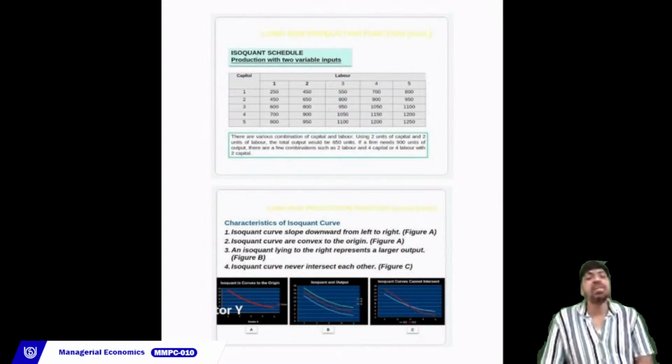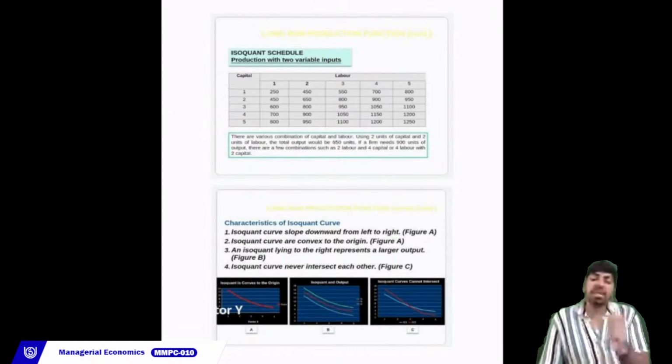The next one is that isoquant curves are convex to the origin, as you can see in figure A also, where the red mark has been given, and the two other curves, in light green and light blue, are convex to the origin. Why convex to the origin?